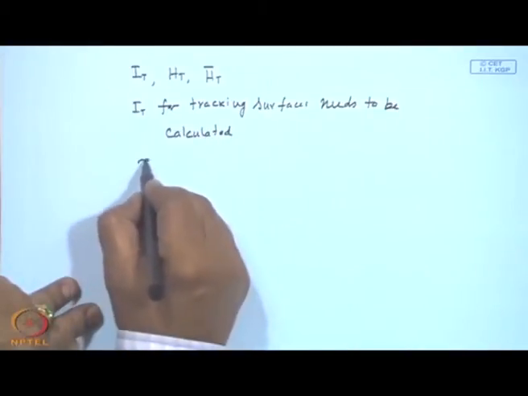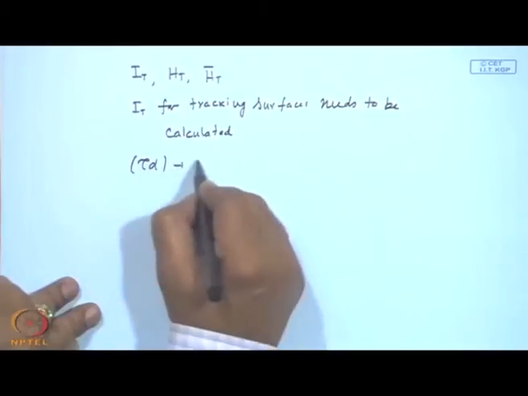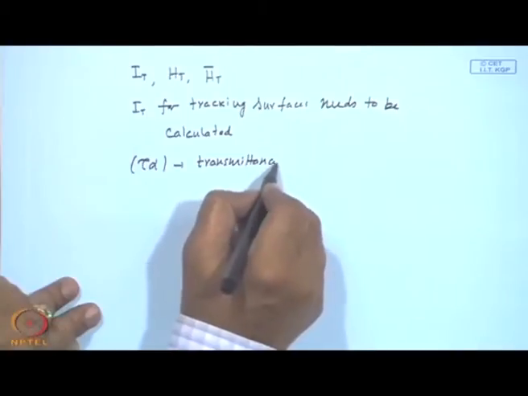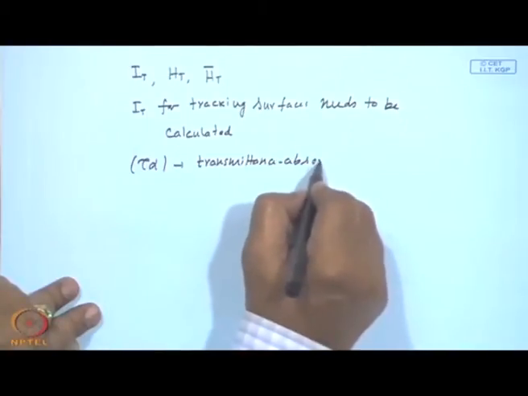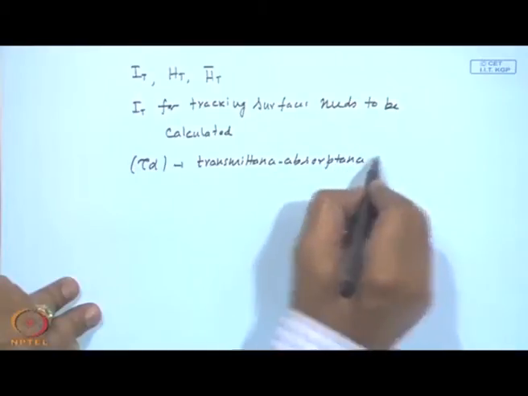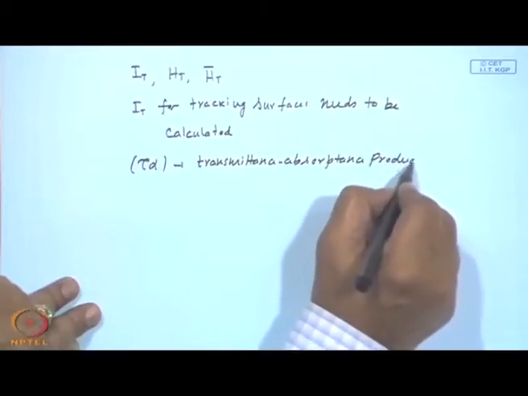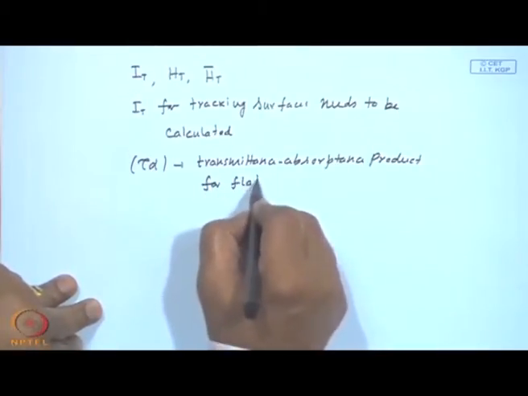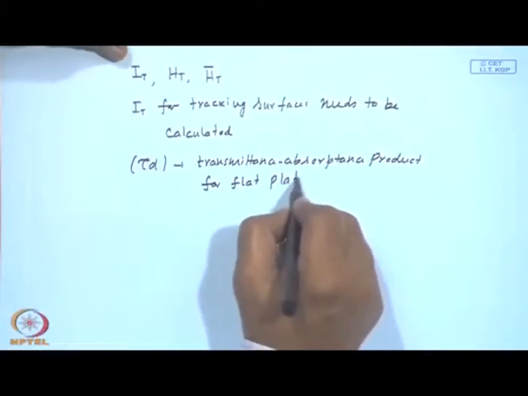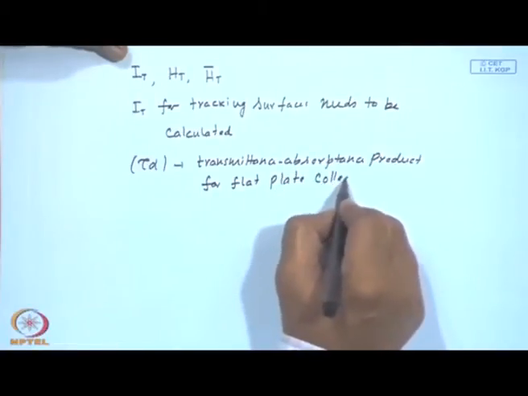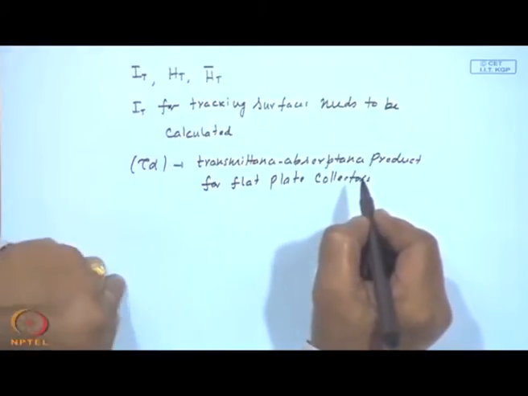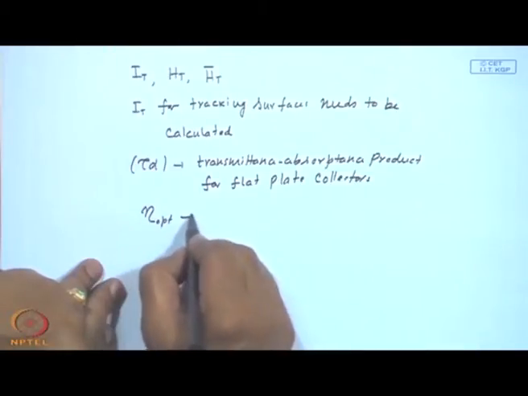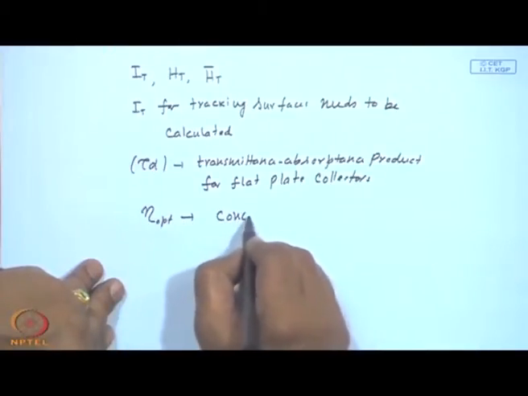and what is tau alpha, the transmittance absorptance product, for flat plate collectors, this has to be estimated. Similarly, eta optical for concentrating collectors.